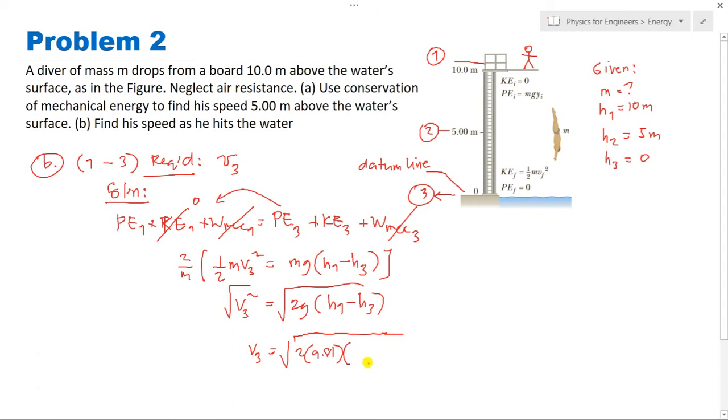Then h1 is 10 minus 0, that is 10. Again, v3 is equal to square root of 2 times 9.81 times 10. So the answer is approximately 14.0 meters per second. So that is the velocity when it hits the water.